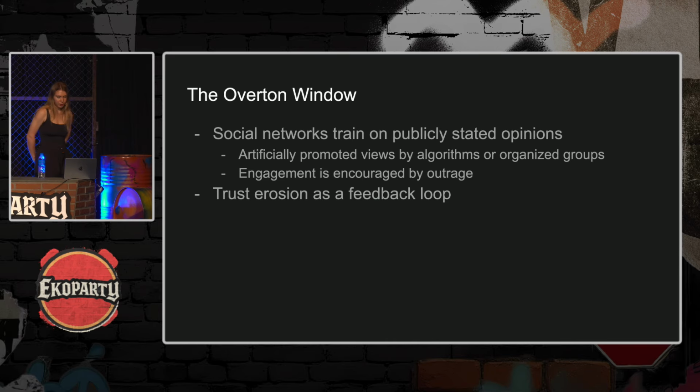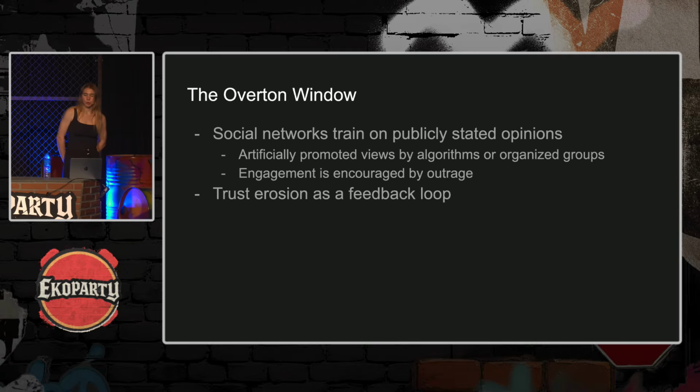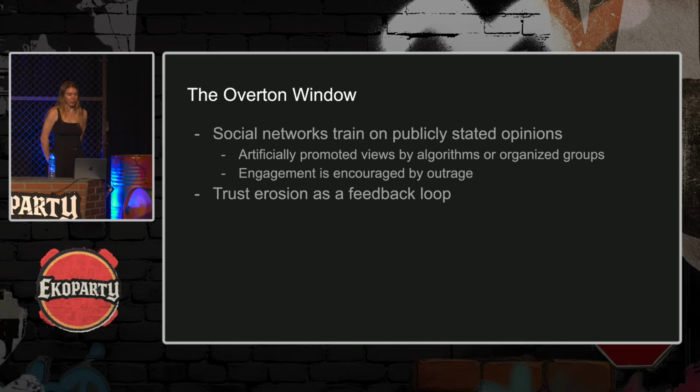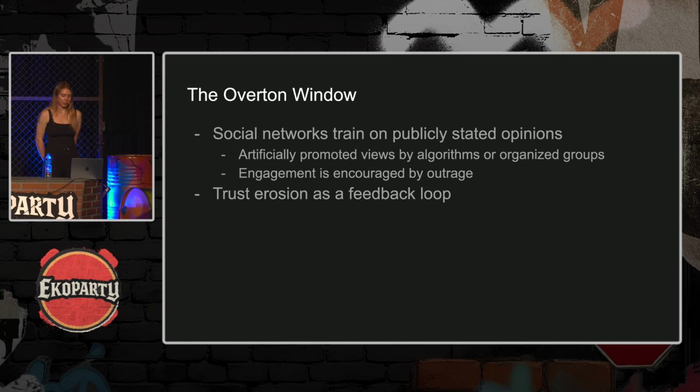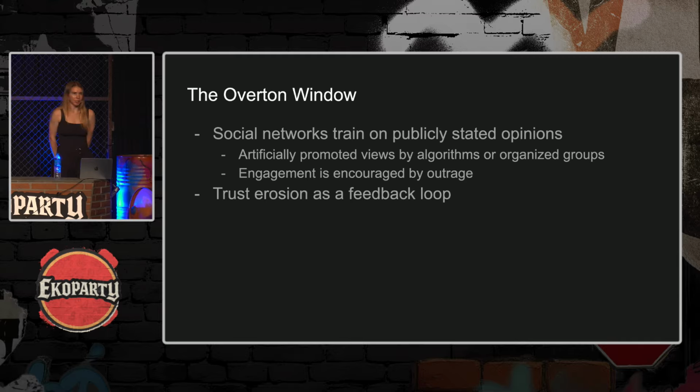So when extreme views are amplified systematically, often by algorithms or organized groups, they can poison the broader conversation and cause previously unthinkable positions to seem mainstream. Social media algorithms often prioritize engagement and often go unpunished, which means divisive content gets amplified.